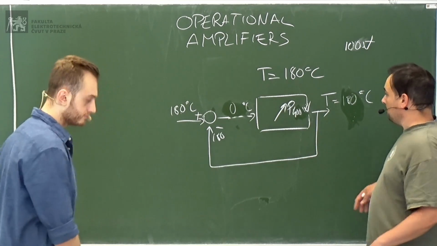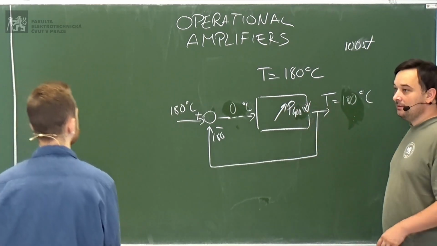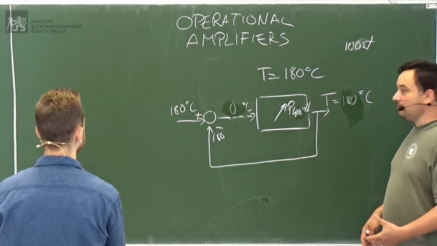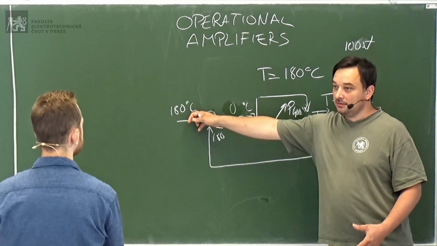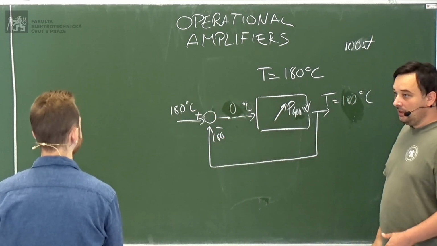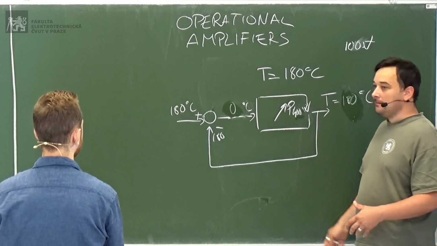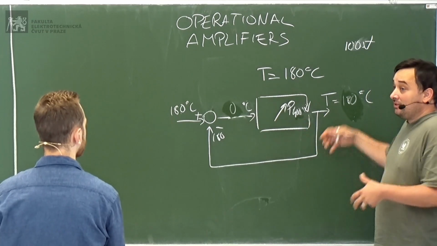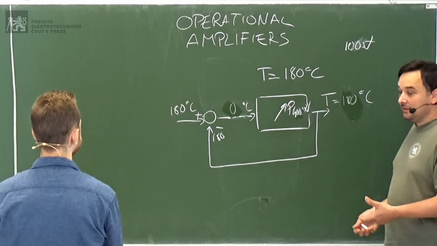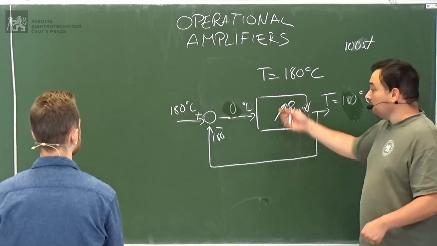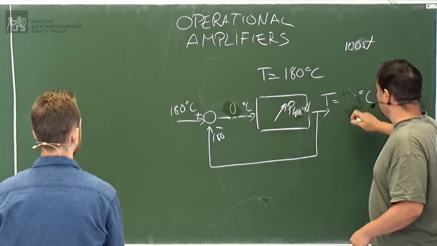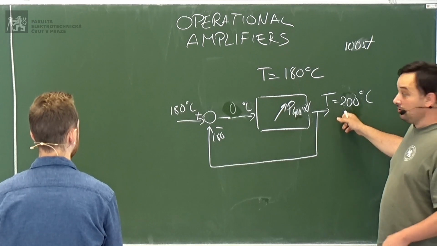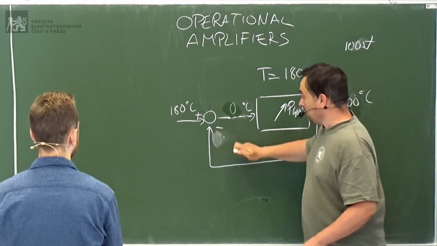So the system checks at the input the difference between what I want and what I achieved. If the difference is positive, it will increase the power to the oven because it's not enough. On the contrary, if I had, for instance, 200 degrees, it would say, wait, too much.